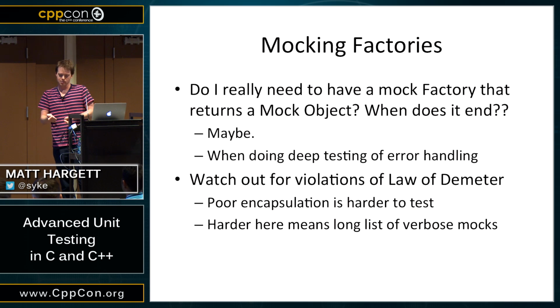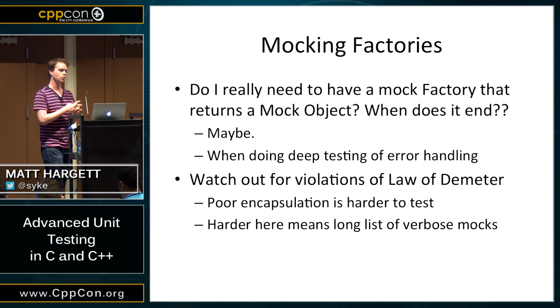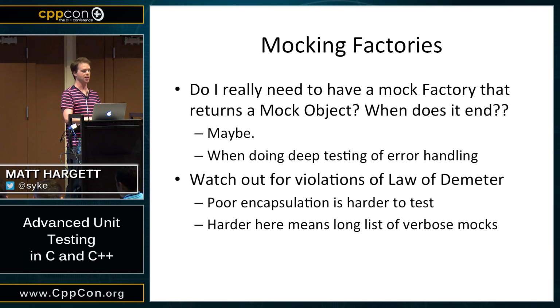So even though you can mock factories, and you can return mocks from those factories, maybe you don't want to be returning mocks from those. If you get to that point, you probably have some minor design issue where you need an adapter of some kind or some kind of wrapping class, which is the thing that you ultimately mock. So poor encapsulation is harder to test.